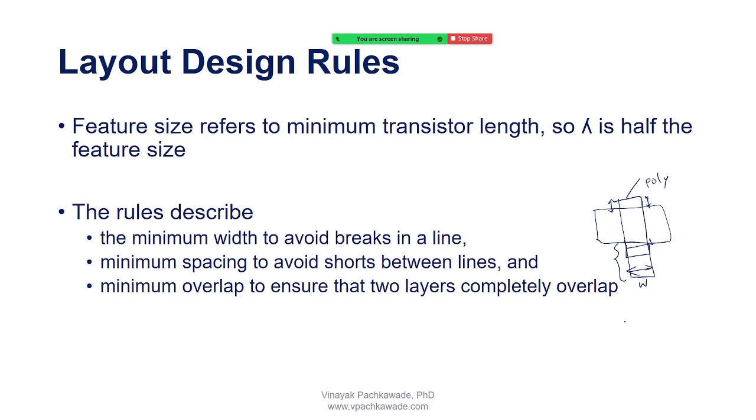Correct. So it means you have, like, a 180 nanometer process, so you will have the width of that poly according to this technology. If you are designing with 10 nanometer, the poly width will be accordingly that way. Okay.